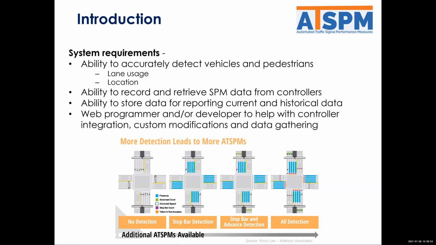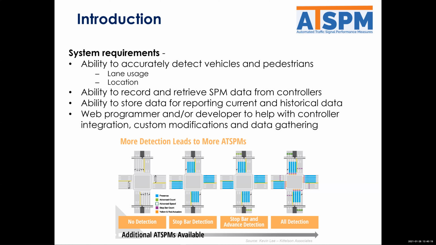For the SPMs really to work well, most agencies are going to need to have stop bar detection lane by lane for each phase on the approach, as well as setbacks in an area of the approach where you're going to have free flow traffic. So we're going to try to avoid any queuing on those detection locations.